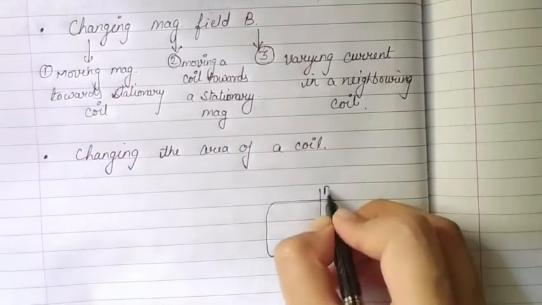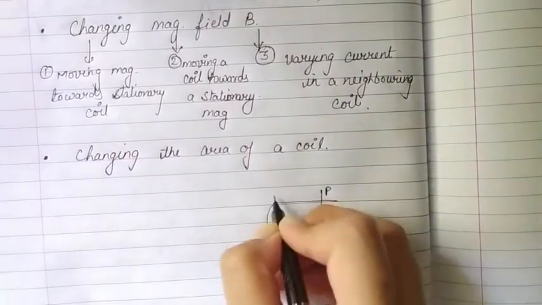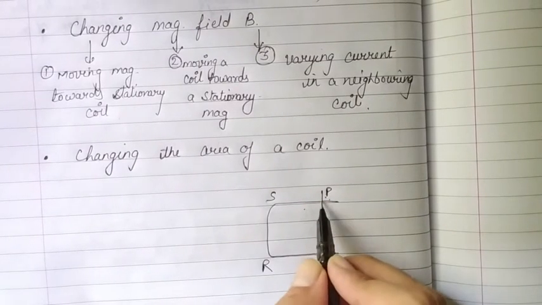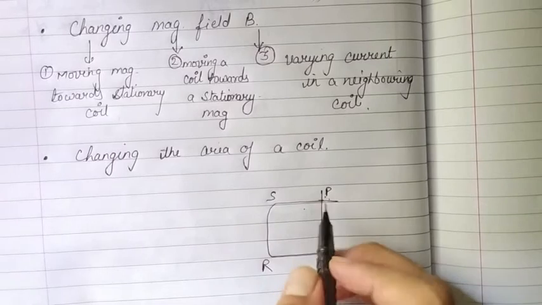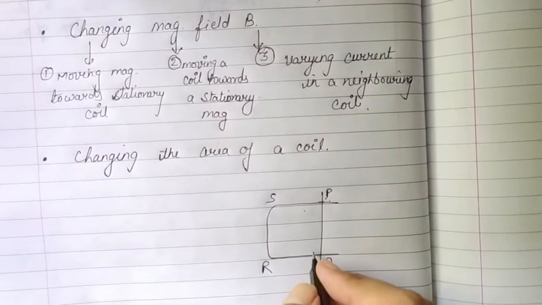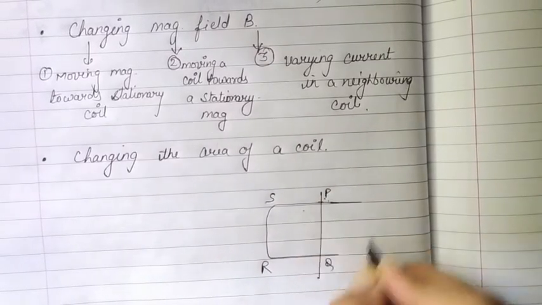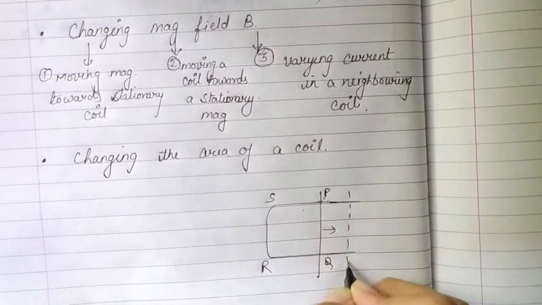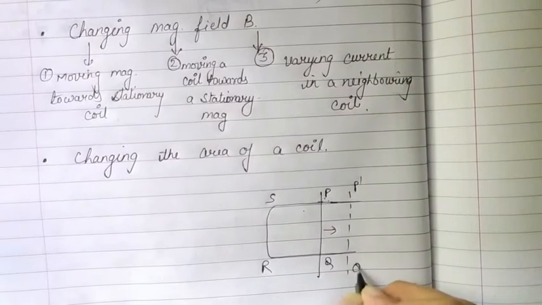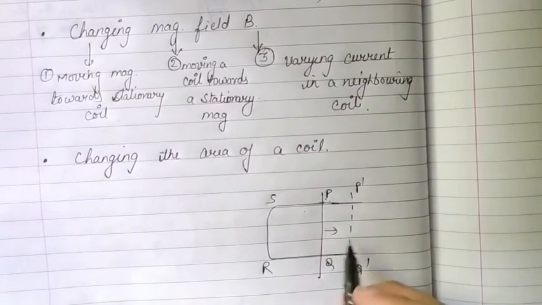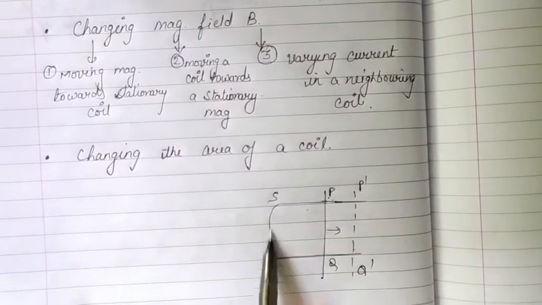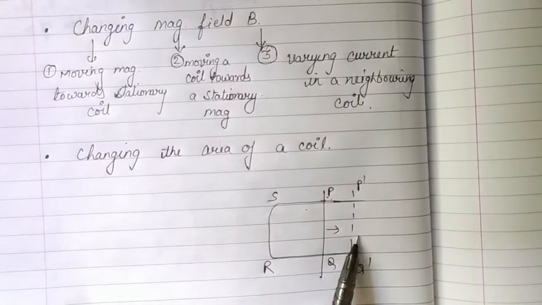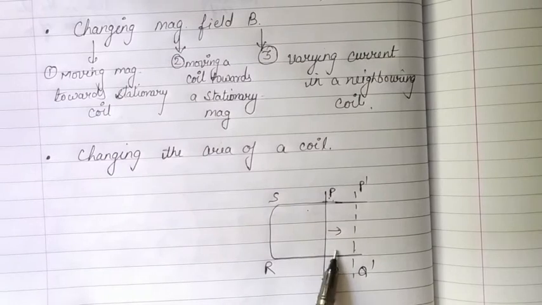This arrangement makes a coil PQRS. Now suppose I am moving PQ in this direction and its new position is P dash Q dash. By moving this conductor PQ on this U-shaped railing, we can change the area of the coil, and when we change its area, the magnetic flux will also change.